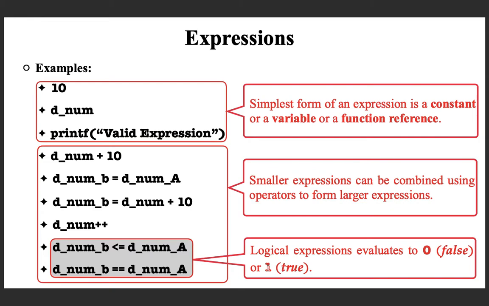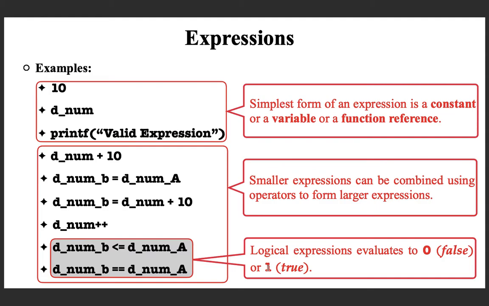These are basic expressions permitted in the C language, or it could be any valid combinations of expressions and operators. Then what do you mean by valid combination? That we shall discuss later when we discuss about operators in the C language.